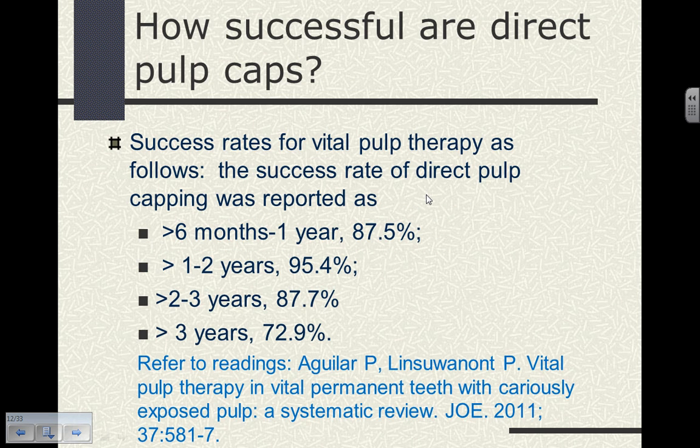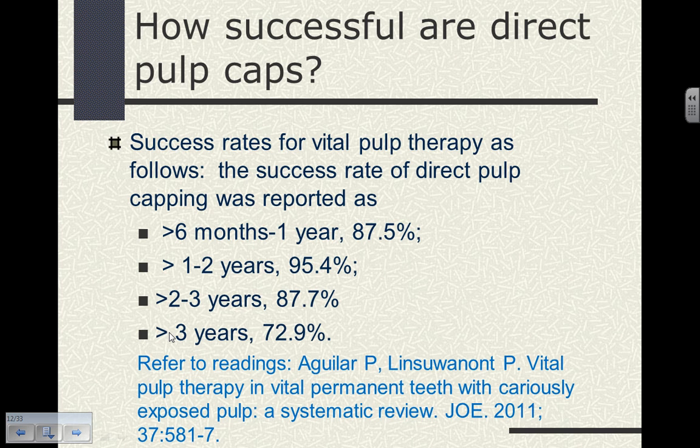So the question is, how successful are direct pulp caps? Well, when we take a look at a systematic review of vital pulp therapy in vital teeth with caries-exposed pulps, the success rate for direct pulp capping, from looking at all the articles that passed the highest level of evidence, for caries exposures at 6 months to 1 year is 87.5%, 1 to 2 years 95.4%, 2 to 3 years 87.7%, and at 3 years 72.9%.